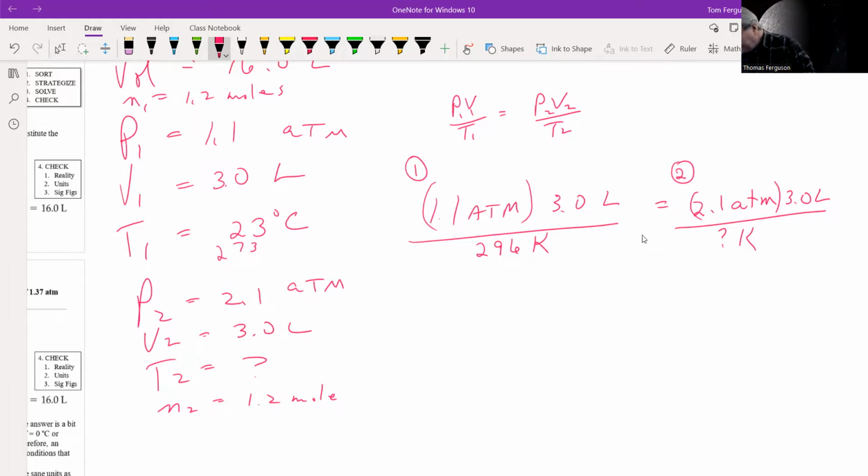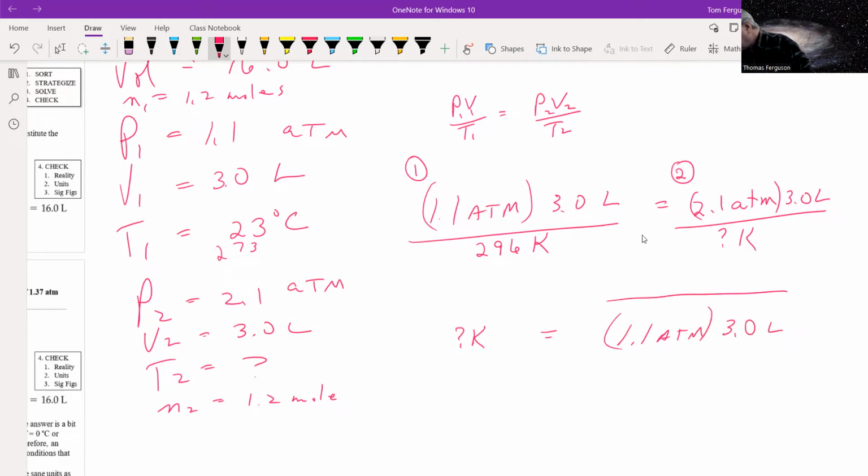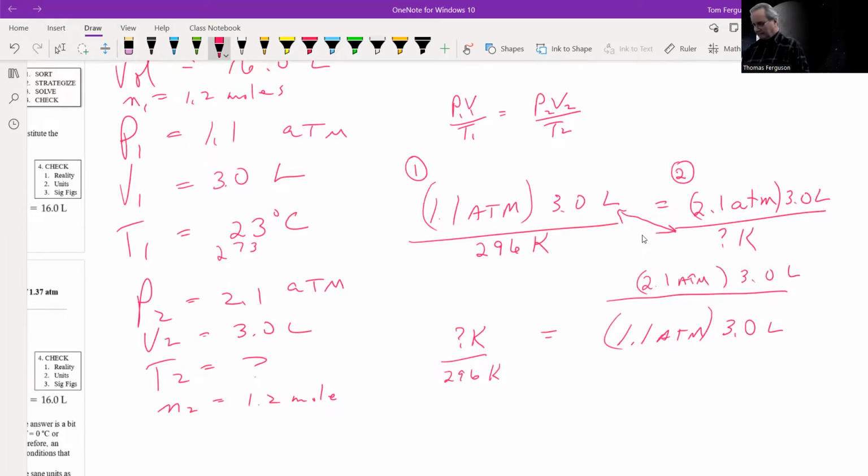So we end up with, so we cross multiply here. And this is still over 296, so we need to now multiply both sides by 296.